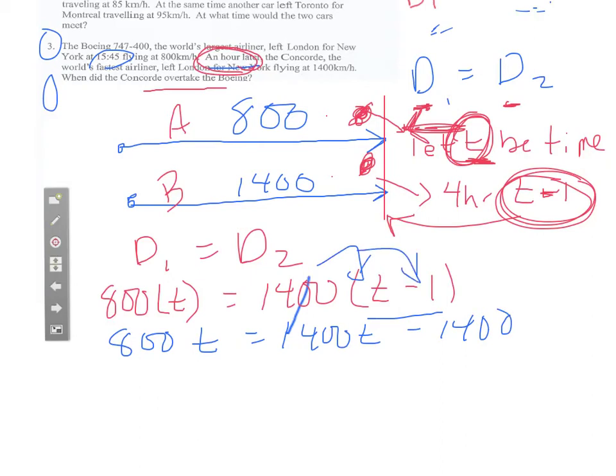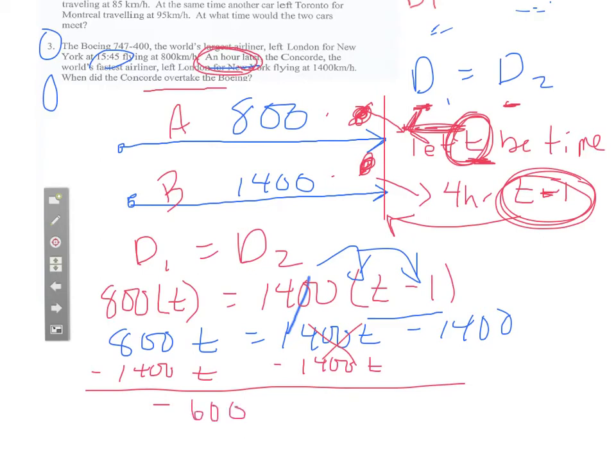I will use my algebra skills. I will subtract 1400t on this side and on this side. The t's cancel on one side, and I'm left with negative 600t, which equals negative 1400.